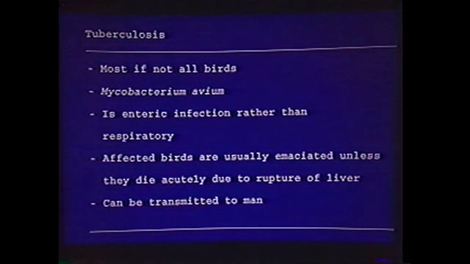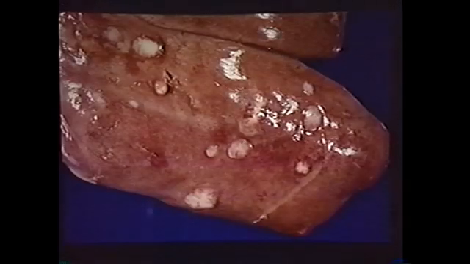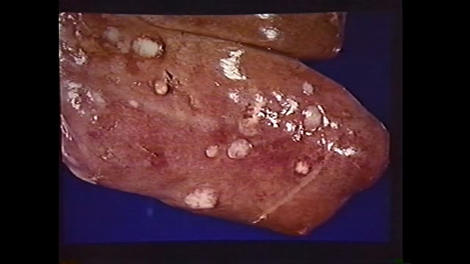As I mentioned before, Mycobacterium avium can be transmitted to man. Here are nodules again in the liver. You cannot tell whether this is cholegranuloma, TB, or neoplasia. You can see the nodules here. Here's a higher magnification of them. The nodules look like a lump of fat; that's why they're called lardaceous in nature.